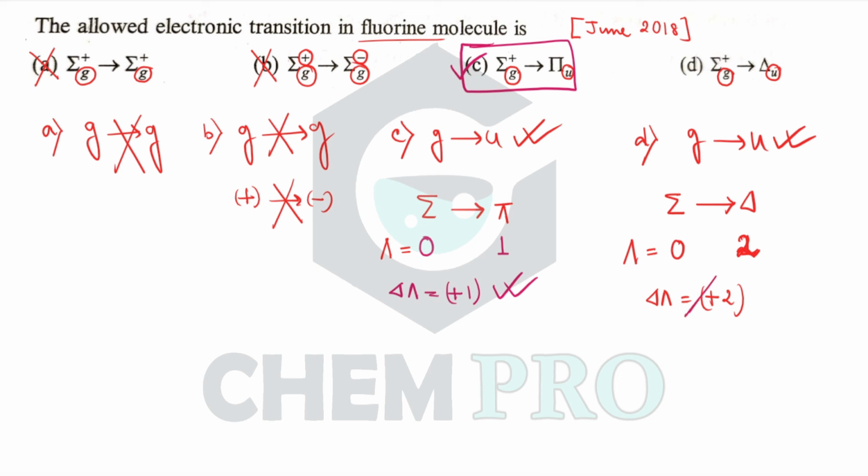So this is not possible. So we can say the third option, that is sigma u to sigma g plus to pi u, is the correct option, or the allowed transition.